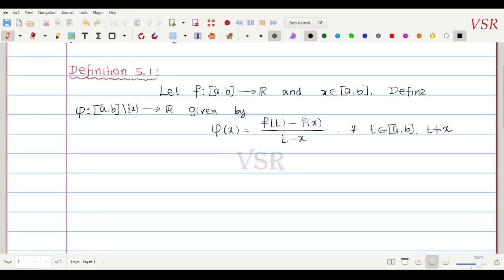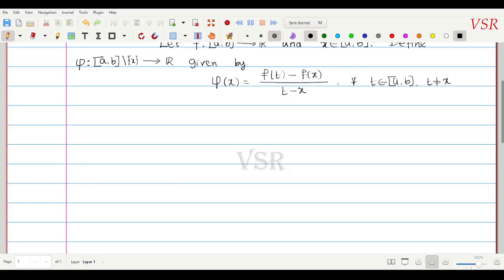So phi is a function which satisfies this condition. Now what is the limit of phi of t? Here I call it phi of t, the function defined by f of t minus f of x divided by t minus x. This is nothing but something simple.